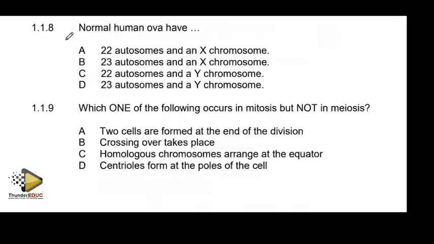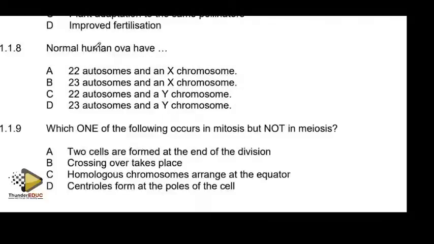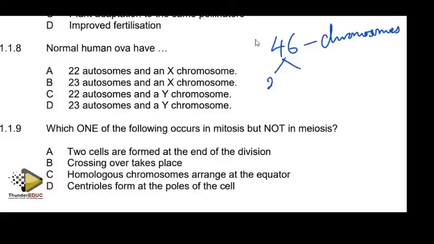Then you're saying that normal human ova have normal human. Remember that when we talk about humans, they have 46 chromosomes. But each ova or sperm has half of the chromosome number, so it has 23.